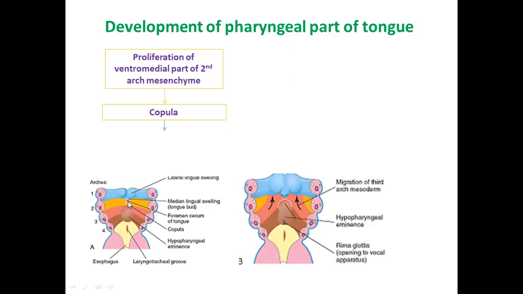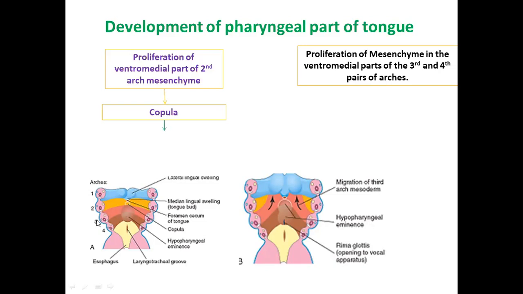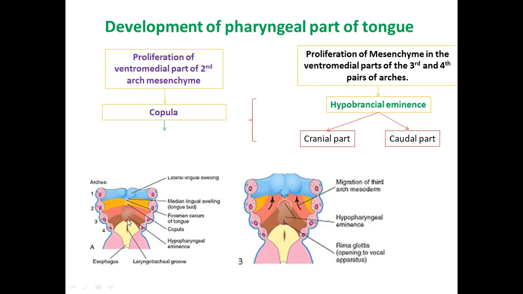At the same time, the mesenchyme of the third and fourth arch will also proliferate and form a big swelling known as the hypobranchial eminence. This hypobranchial eminence has a cranial part and a caudal part.